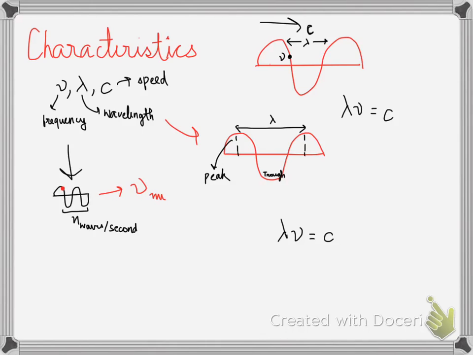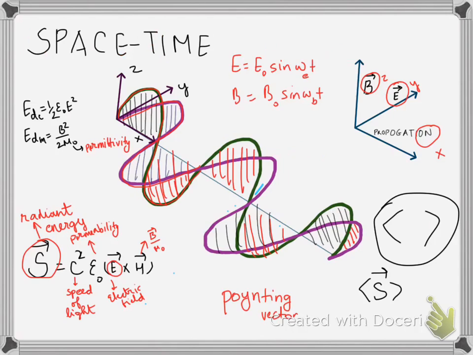Right. Now, using various experiments and mathematical calculations of these two things, it has been proved that the speed of an electromagnetic radiation, an EM wave, is constant.